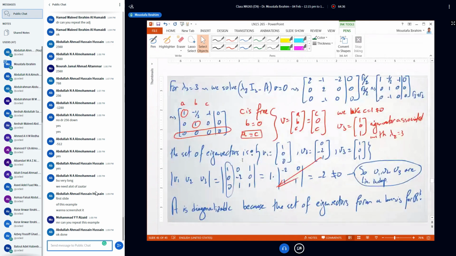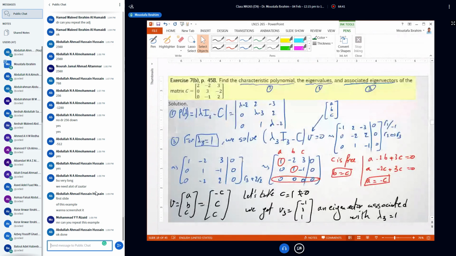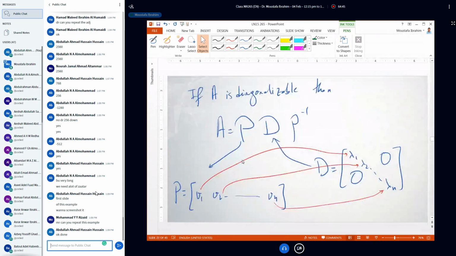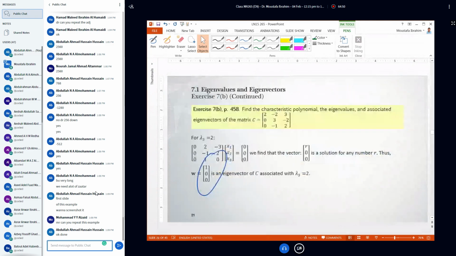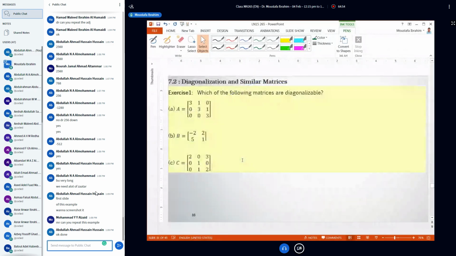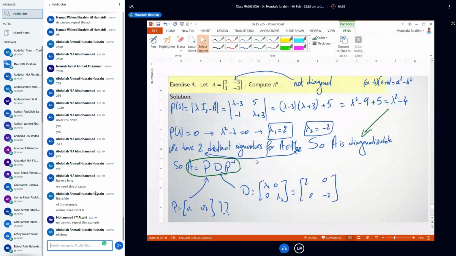Because we want to use this property from the beginning of Tuesday. We said if you have A equal to P D P minus 1, in this case A to the power of n is equal to P D to the power of n P minus 1.